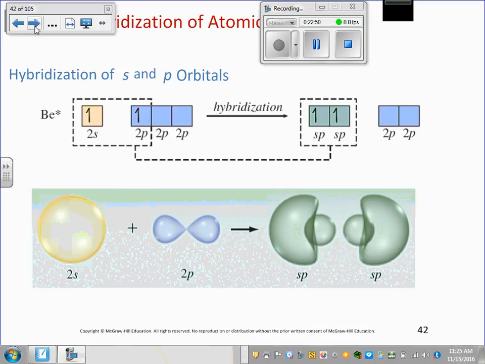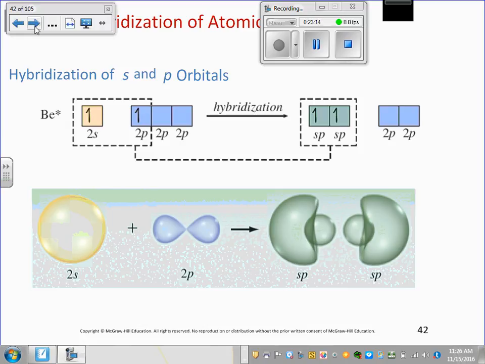It forms 2 bonds. But if you look at the beryllium by itself, it's got how many electrons? 4. So you have the 1s2, the 2s2. There aren't any unpaired electrons. How can you form a bond?